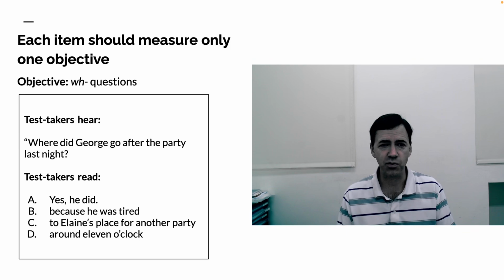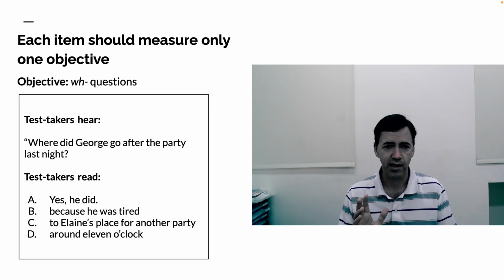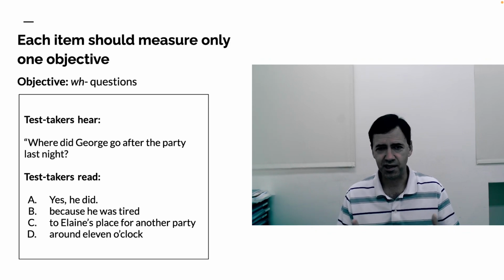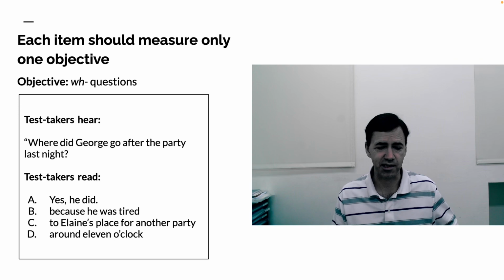Okay, so for this one, the objective is the teacher wants to test WH questions. Now, this one is a listening and then respond type test. Test takers hear, "Where did George go after the party last night?" And then on the paper, so this is like your GEPT listening test, right?